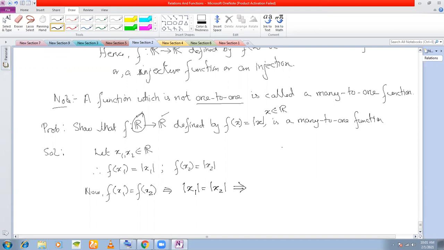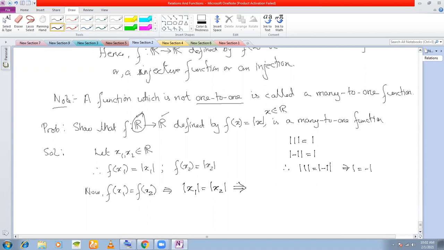You can say? Why can you say? You know that mod 1 is equal to 1. You know that mod minus 1 is equal to 1, right? Therefore, you can say mod 1 is equal to mod minus 1. But can you say 1 is equal to minus 1?